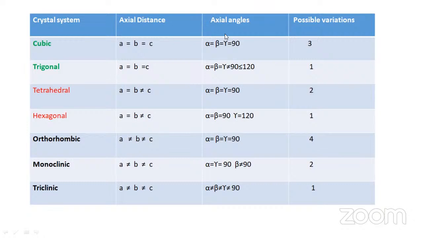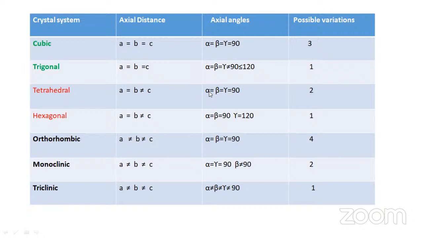Okay, coming to axial angles. What is the first crystal system in the first group? Cubic. So in the first group, alpha is equal to beta is equal to gamma is equal to 90. All the angles are equal to 90 in the first member of the first group. And coming to the first member of the second group, what is it? Tetragonal. So it is also equal.